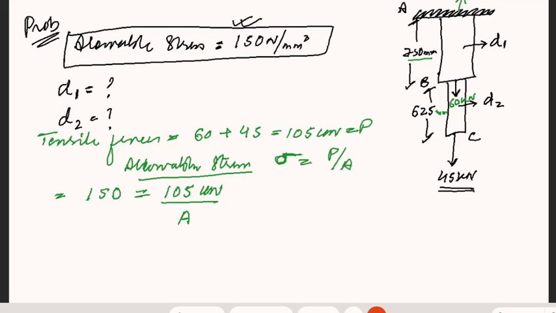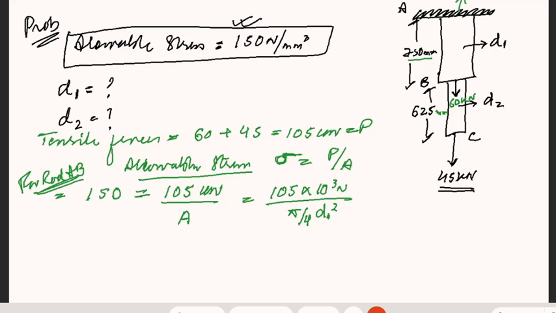This is cylindrical, so the area will be equal to 105 into 10 raised to the power of 3 newton divided by pi by 4 d1 square. Let's talk about rod AB first. This is for rod AB.